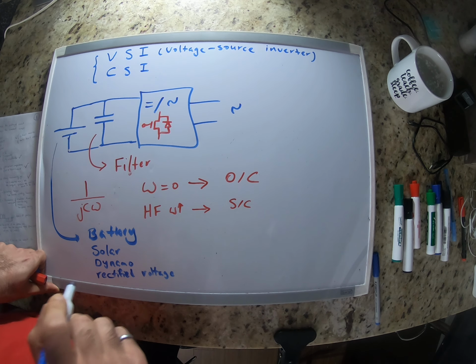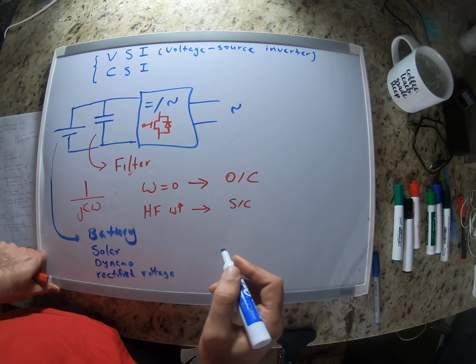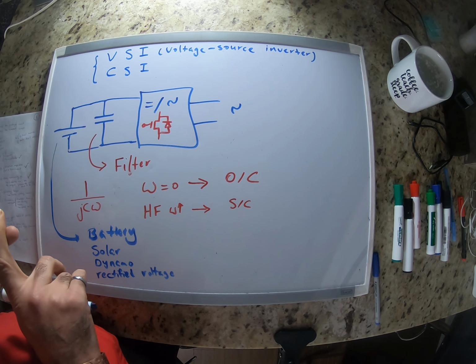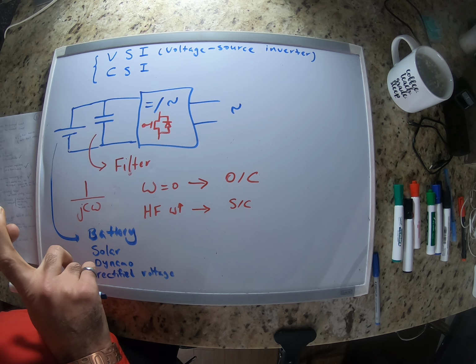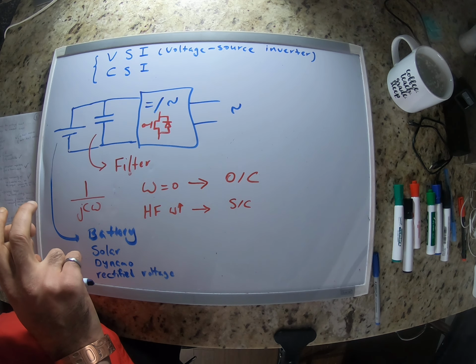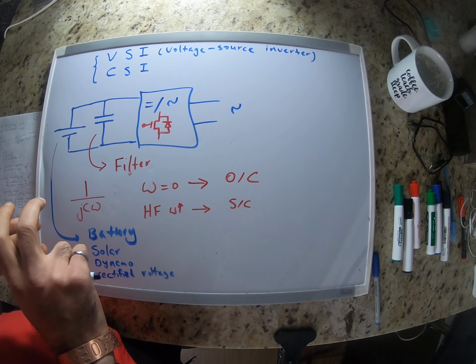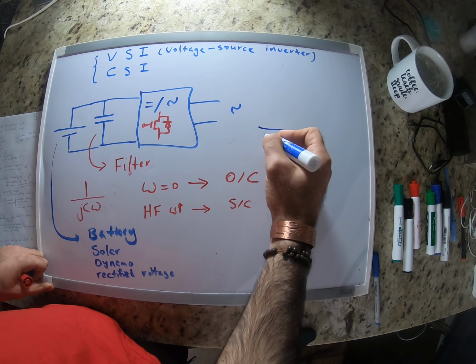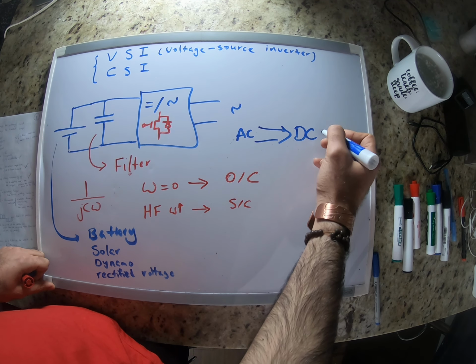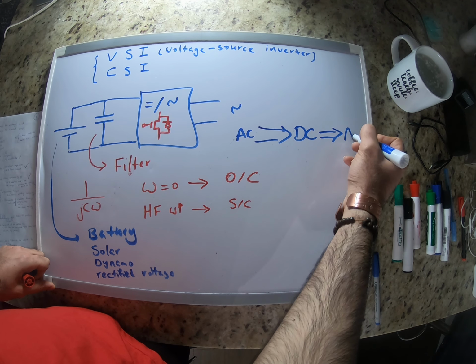As mentioned earlier, it's very common in many applications such as HVDC, motor control drives, and wind turbine generation, that we have AC converted back to DC and then converted to AC.